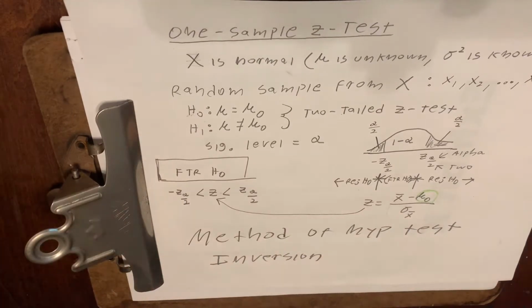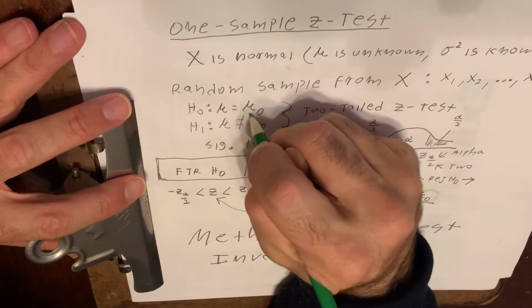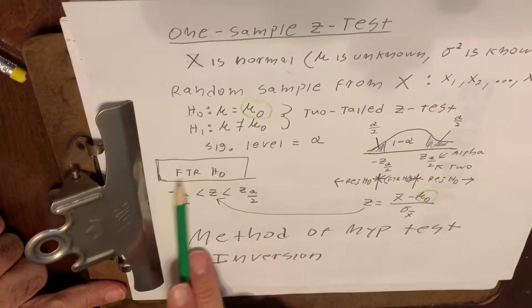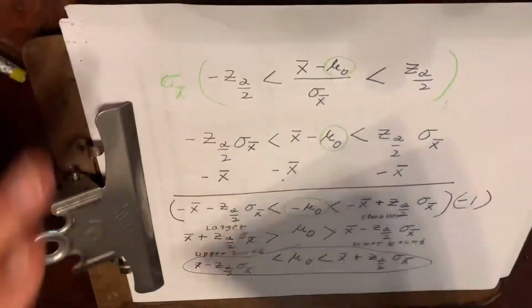Because what we did was we solved for those values of mu naught which would result in failing to reject the null hypothesis. Now, I want to write this down for you so that you have this idea written.